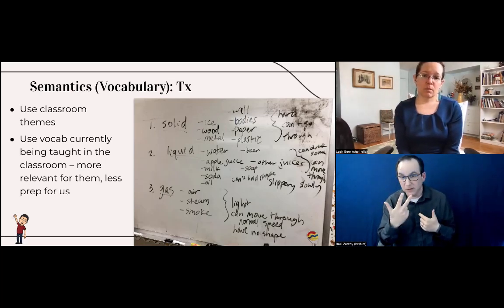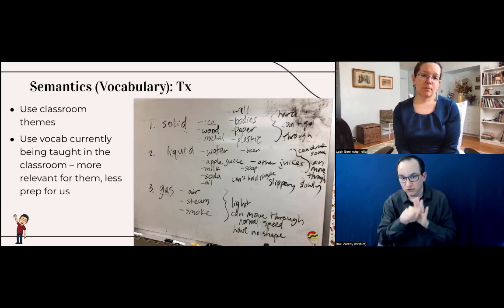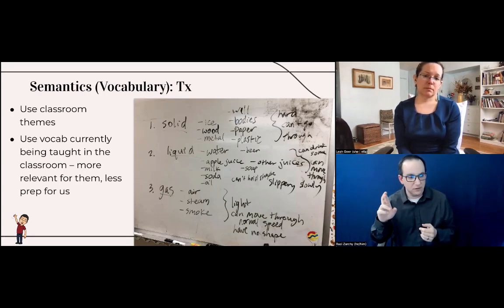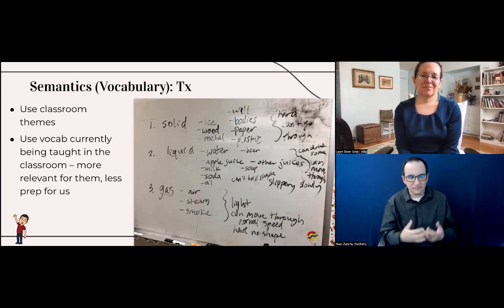But I have found some of the third grade students that I work with, they are learning about states of matter. Solid, liquid, and gas, as you can see there. And the students don't quite understand those concepts.